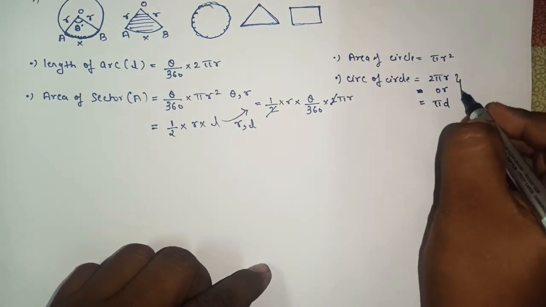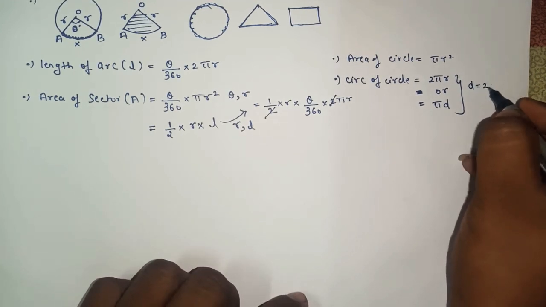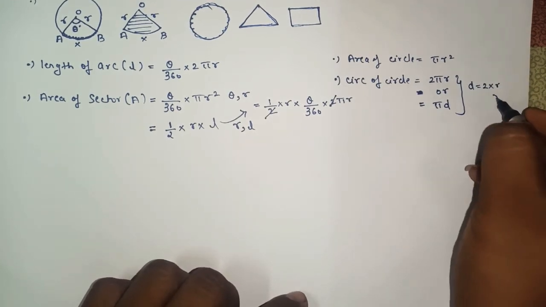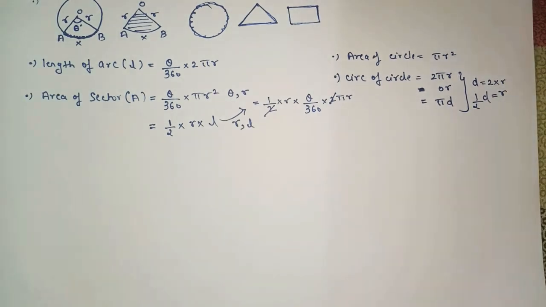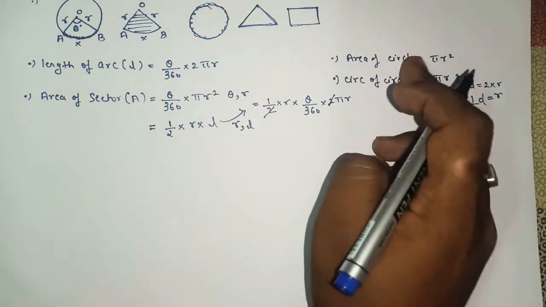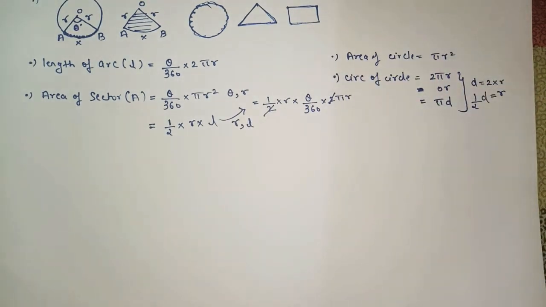Because we know that diameter is twice the radius, and radius is half of the diameter. So the area of a circle is pi r square, and the circumference of a circle is 2 pi r, or else we can say pi d also. So these were the basic formulas which were there in your 10th standard.